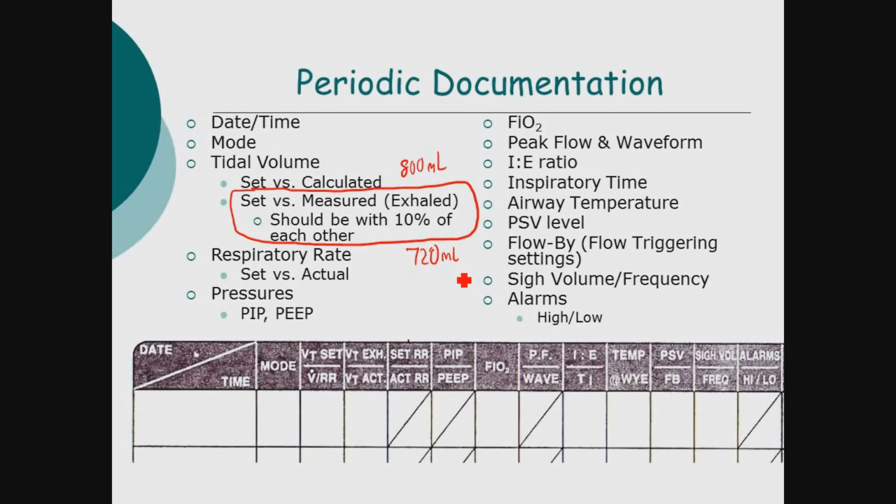Looking at the respiratory rate, what is set is necessarily different than what they're doing. So in assist control, I can be in assist control of 14, but the patient is doing 18, meaning they're triggering 4 above what the backup rate is set at.